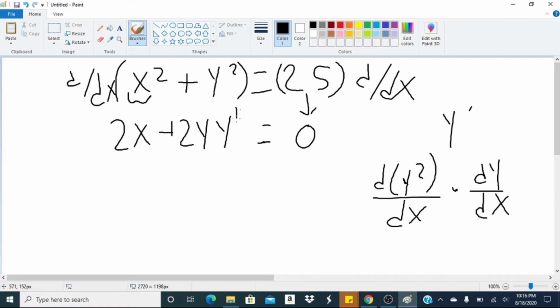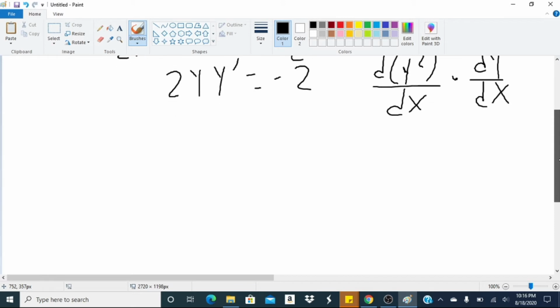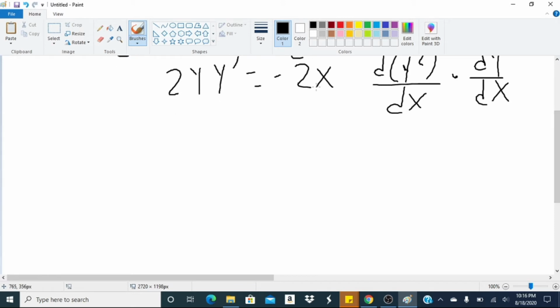Okay, so now what we're trying to do is obviously find the y prime, so we're just going to use simple algebra. We're going to subtract 2x from both sides. We're going to get 2y y prime equals negative 2x. And then what we're going to do is divide both sides by, not negative, but positive 2y.